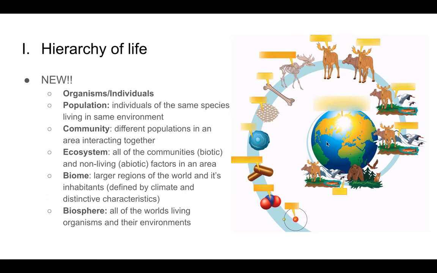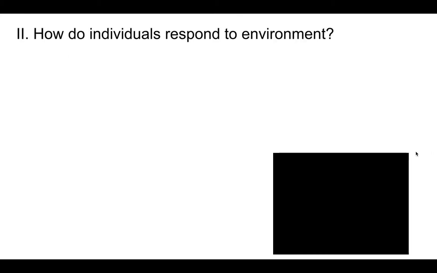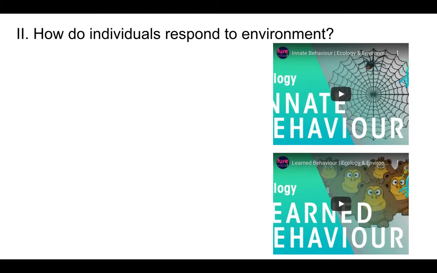We're going to spend some time talking about populations. We're going to spend some time talking about communities, and we're going to spend some time talking about ecosystems here in this ecology unit. So let's start with a guiding question here. How do individuals respond to their environment? So this would be a conversation that we could have related to community ecology and even to ecosystems as well.